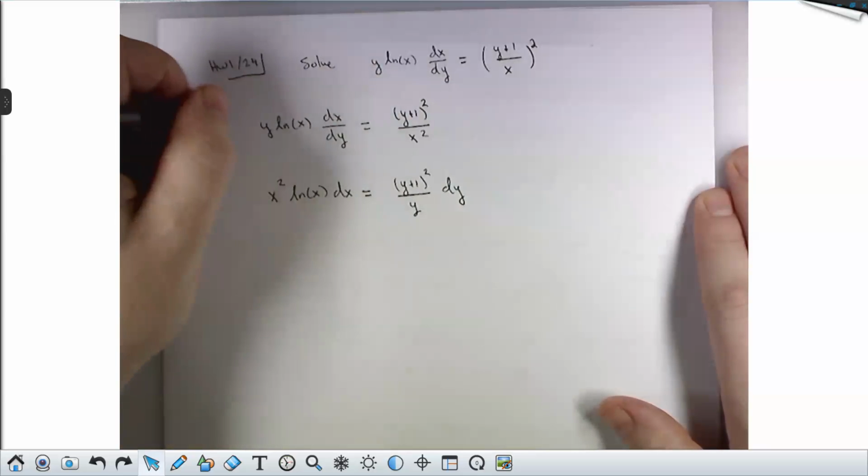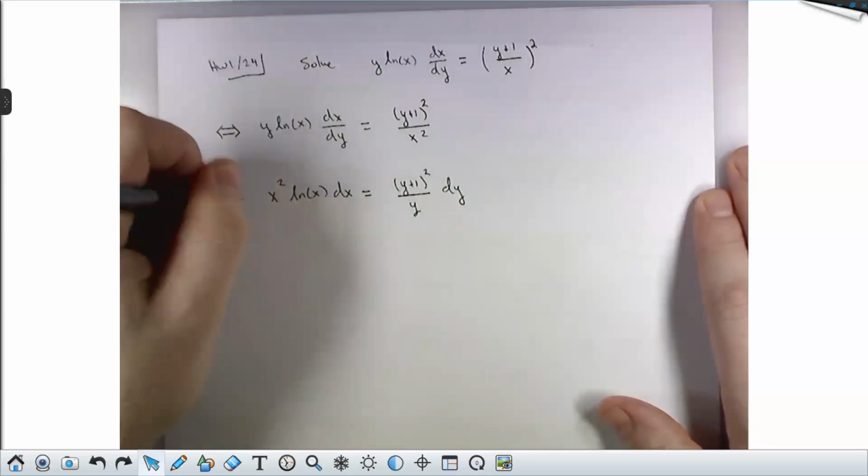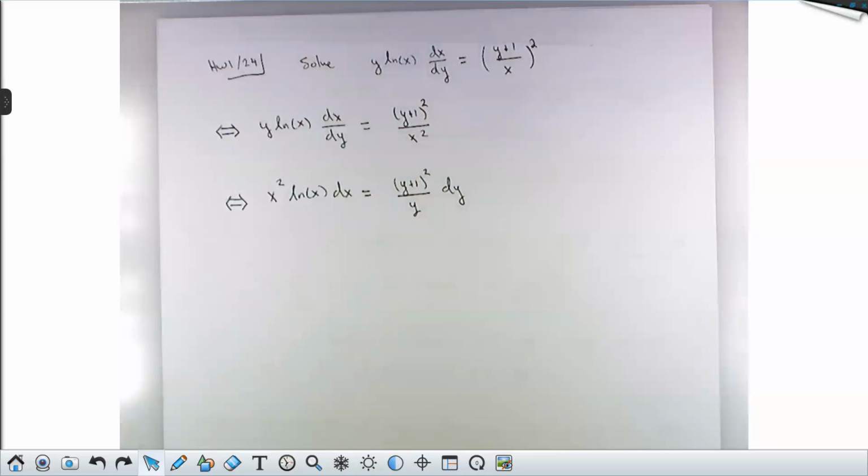These are my first few steps. So I leave this term on the left, but I move this term to the right. And now we've got everything separated out. So it's just a matter of integrating on both sides.